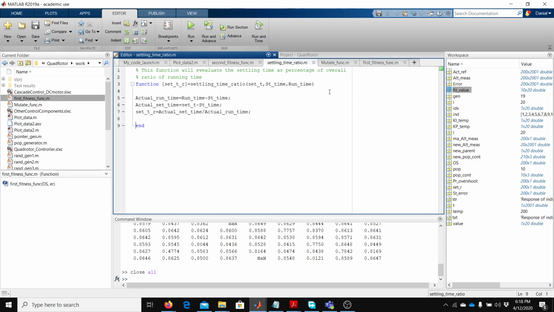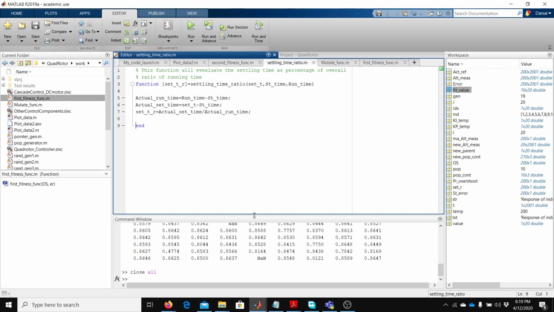So if the step time is at 5 and then it runs for a further 15 seconds, we measure the settling time and divide it by the runtime, which is 15 seconds. Whatever that time is, divided by 15 seconds gives us a ratio of how long it took to settle down. This is the third part of what we have now added to our system.